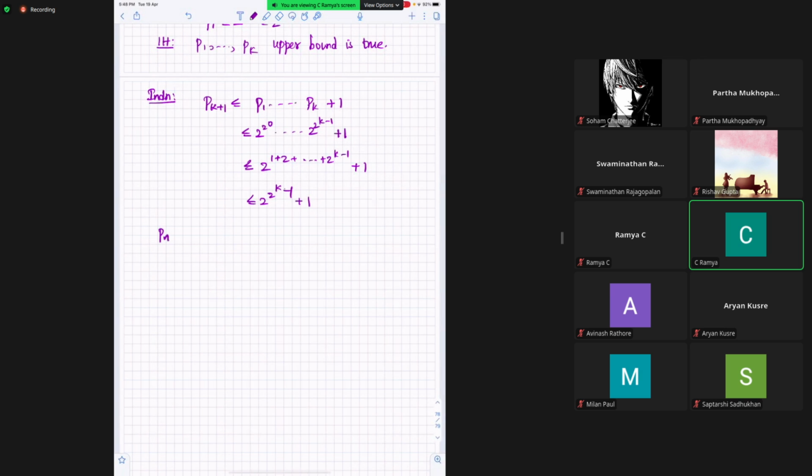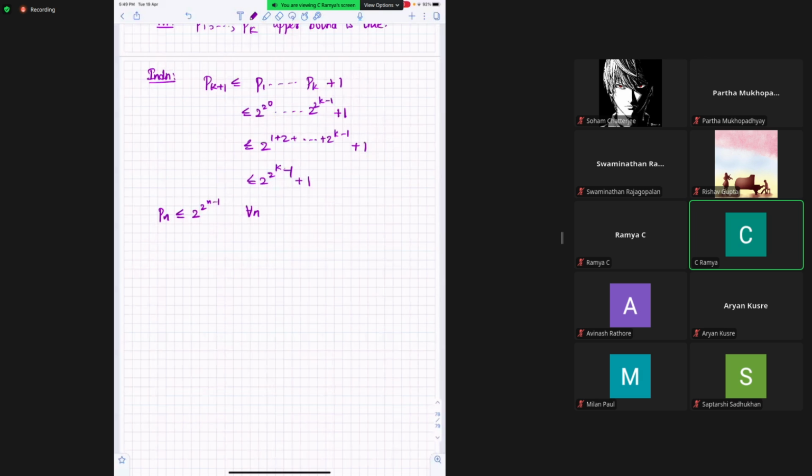So now from Pn being at most 2 to the 2 to the n minus 1 for all n, what can I say about the number of primes less than or equal to 2 to the 2 to the n minus 1?